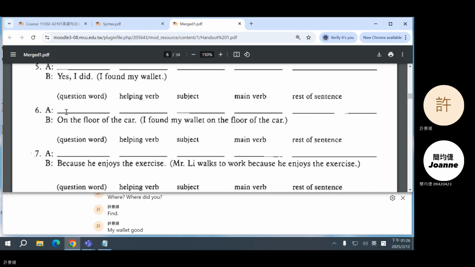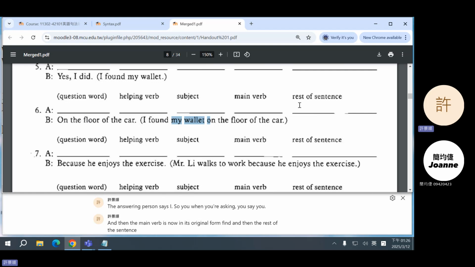Good. On the floor is a place, begin with where. Found is past tense, so this is did. The answering person says I, so when you're asking, you say you. And then the main verb is now in its original form, find. And then the rest of the sentence, my wallet.